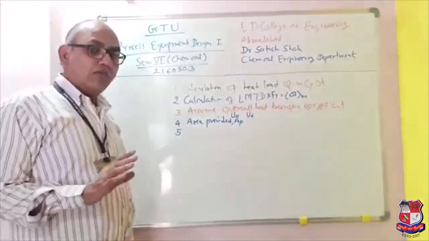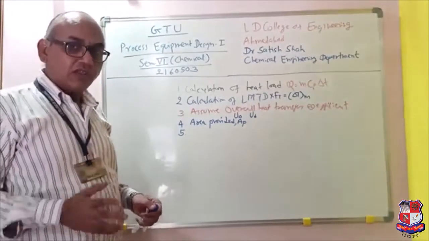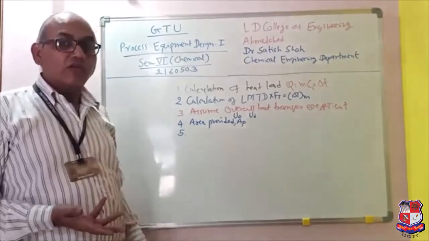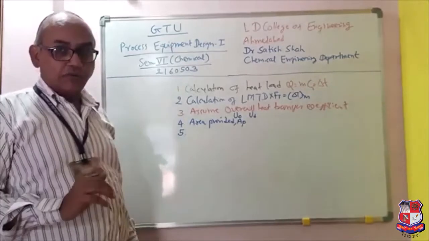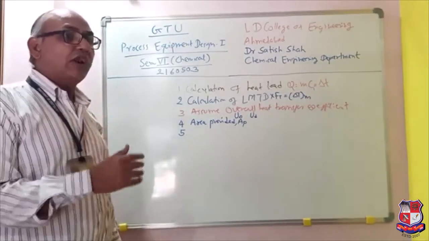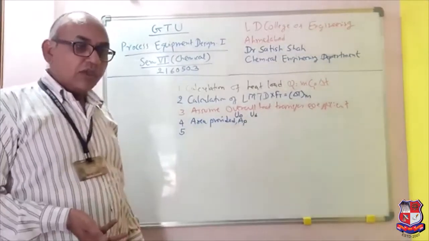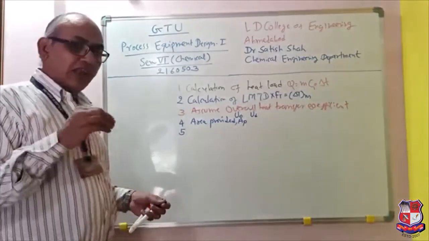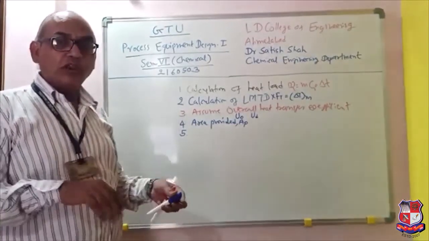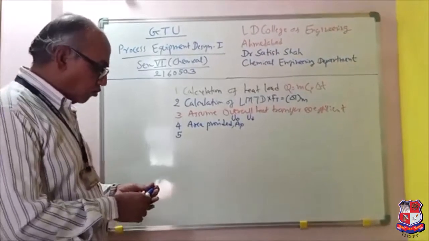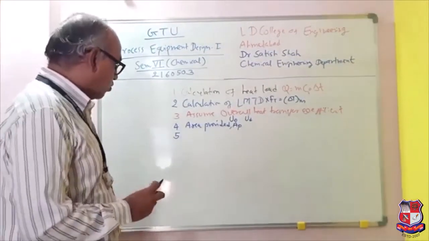Now we have to check whether it is okay or not. So for that we have to calculate the heat transfer coefficient, shell side and tube side both. So let us do the calculation of the heat transfer coefficient one by one.